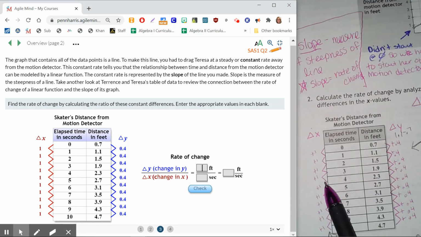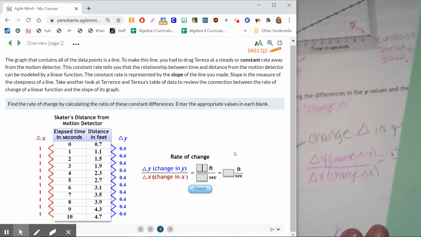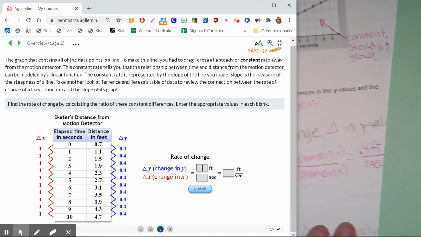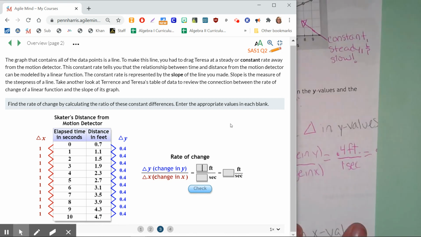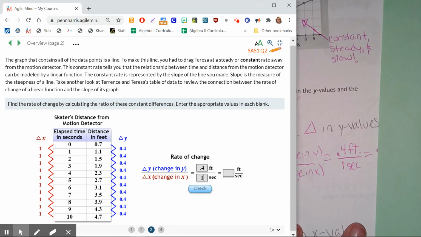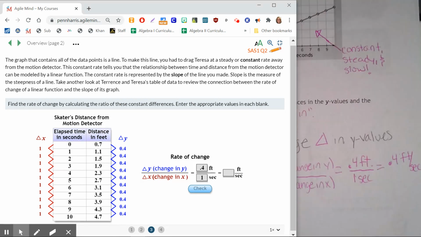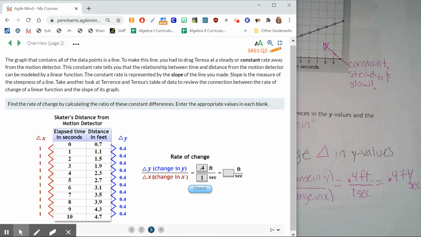So on this particular problem, we would type in 0.4 feet over 1 second. And all that does is that reduces to 0.4 of a foot per second.